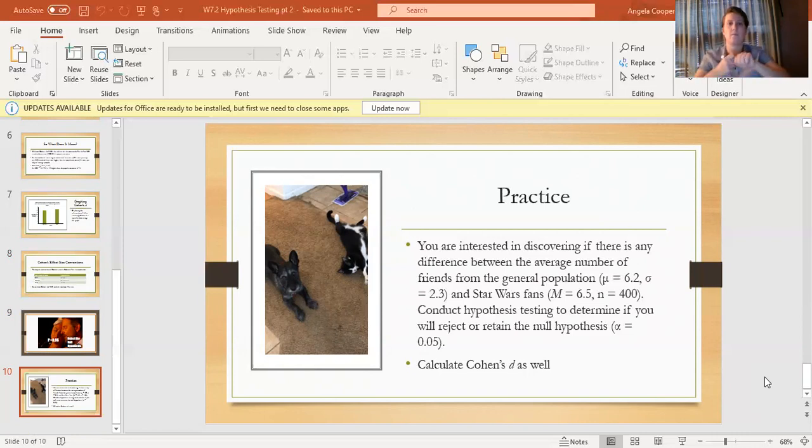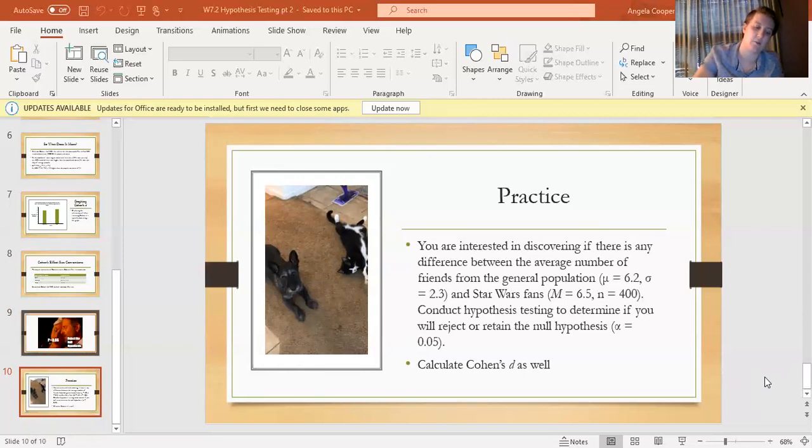So you are interested in discovering if there's any difference between the average number of friends from the general population and Star Wars fans. Already I have the population mean and the population standard deviation, so I'm going to start filling that out.